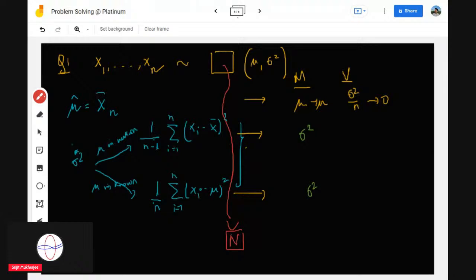So you're right. When it's normal, we know that (n minus 1) s square by sigma square follows chi square n minus 1. Similarly, here, n times this, let's call it s1 square, so n times s1 square by sigma square follows chi square n.